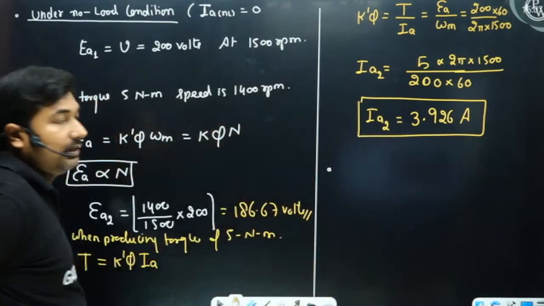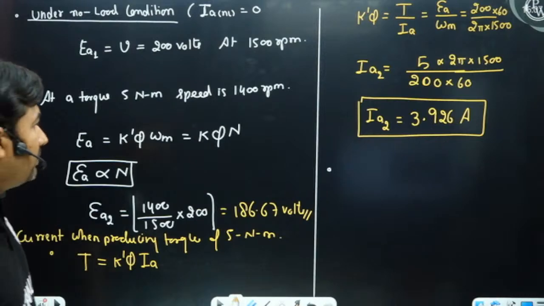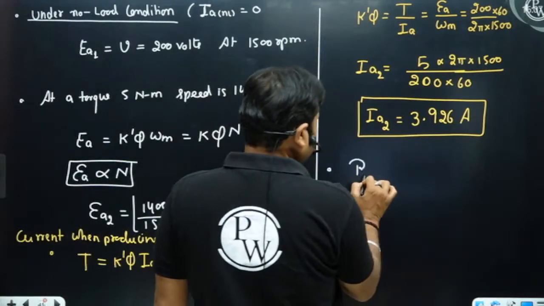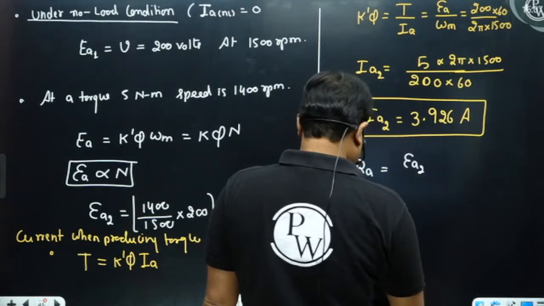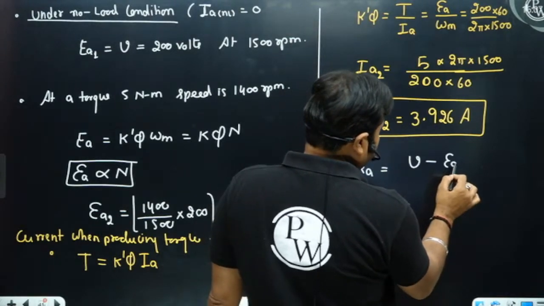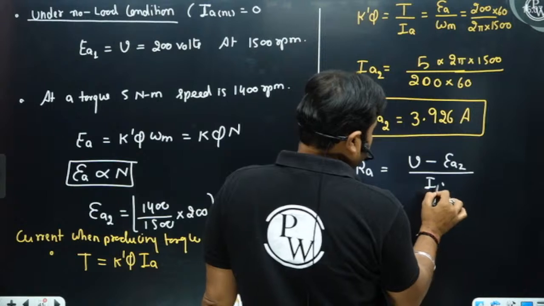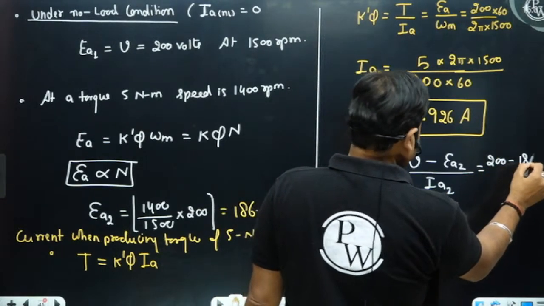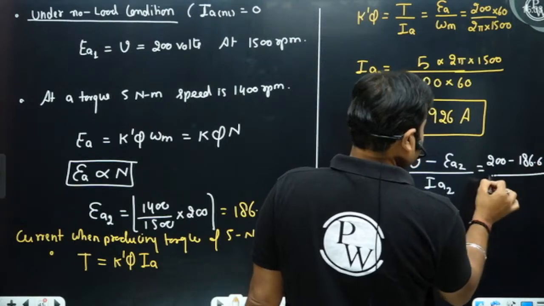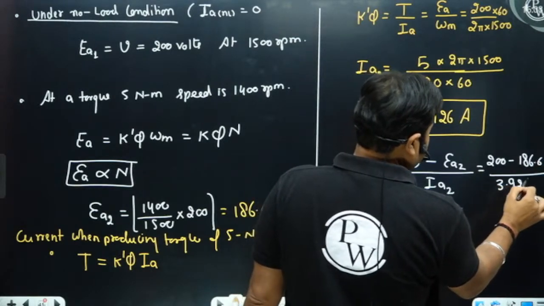So now we know about the armature current. From armature current, you can calculate armature resistance as well. RA is V minus EA2 upon IA. So 200 minus 186.67 upon 3.926.